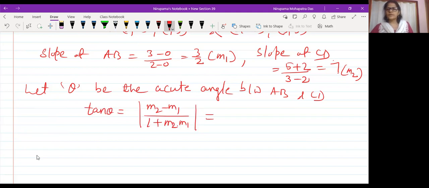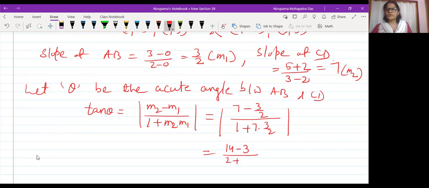So M2 minus M1, if I write here, 7 minus 3 by 2, over 1 plus 7 into 3 by 2. Okay, so that is equal to 14 minus 3 over 2 plus 21.